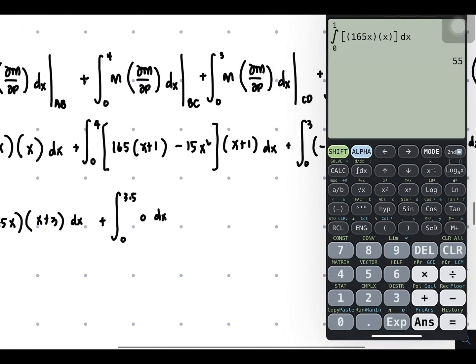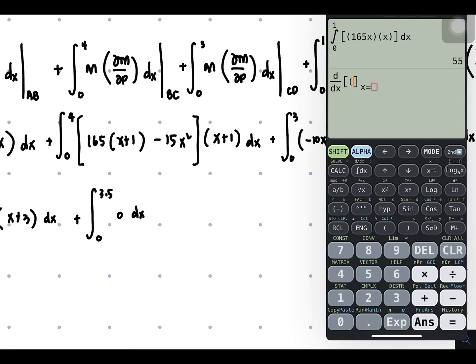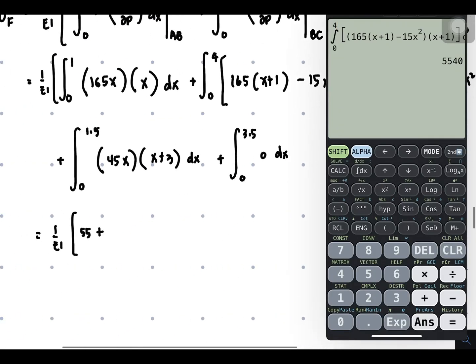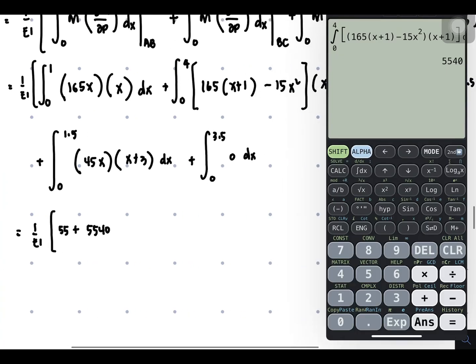Next, this is the integral of 165 times x plus 1 minus 15 x squared times x plus 1. The limit is from 0 to 4. That's 5540.